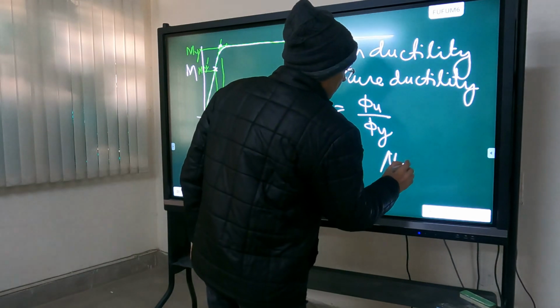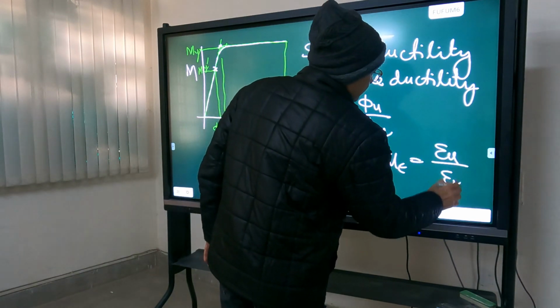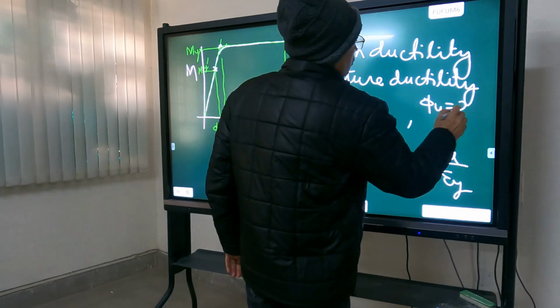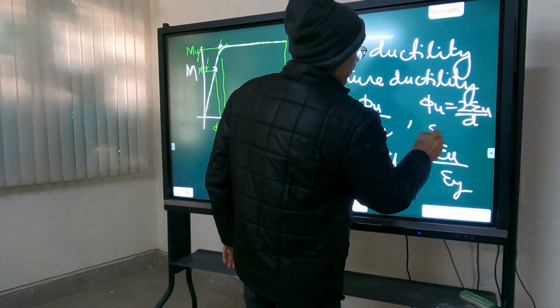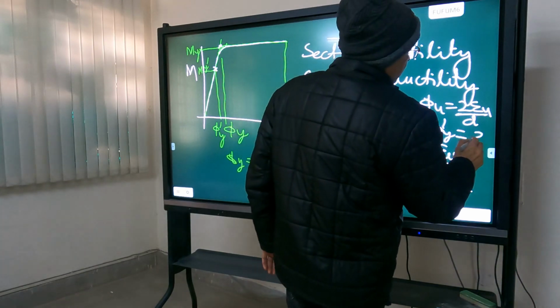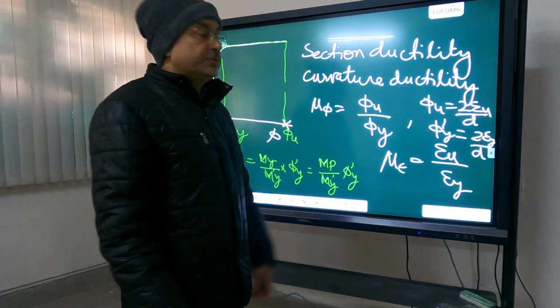mu epsilon is epsilon u divided by epsilon y, and phi u is 2 epsilon u by d, and phi y', not phi y, phi y' is 2 epsilon y by d. So which one is higher?